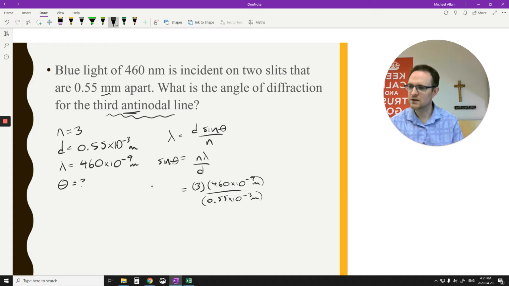You can see my units are going to cancel out there. Sine ratio is always unitless, but that's beside the point. We're just trying to get the angle anyway.